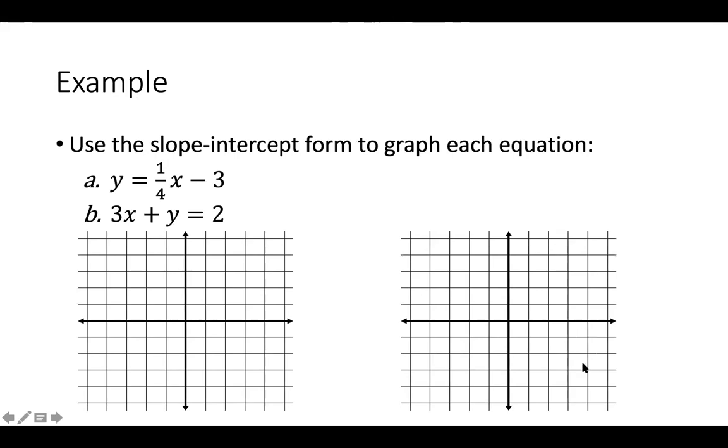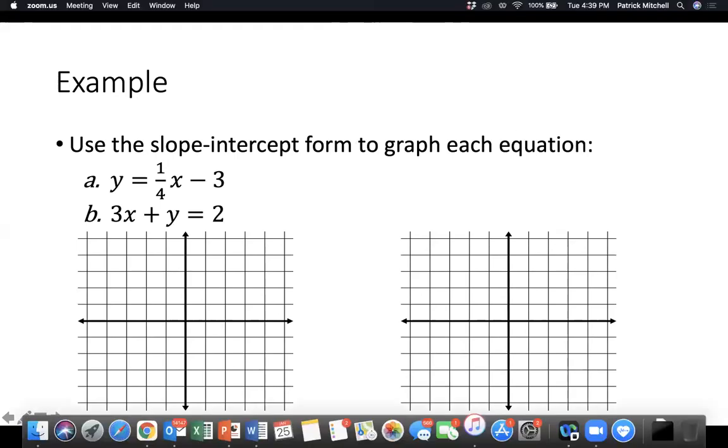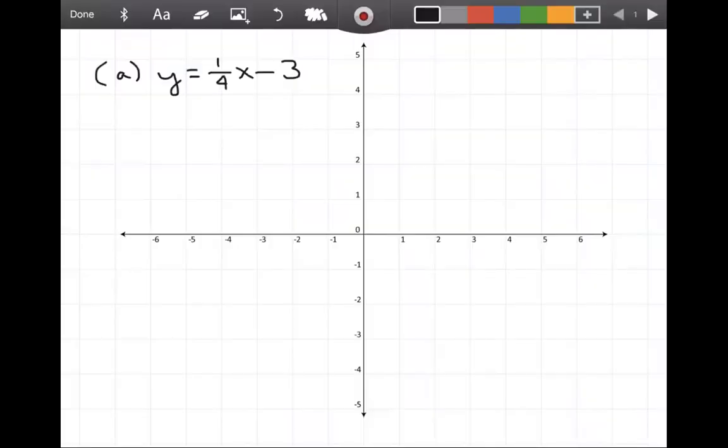Switching over to the tablet. Our first example is y equals 1/4 x minus 3. First of all, notice that this is already in slope-intercept form. So the first thing we want to pull out is the y-intercept, which is (0, -3).